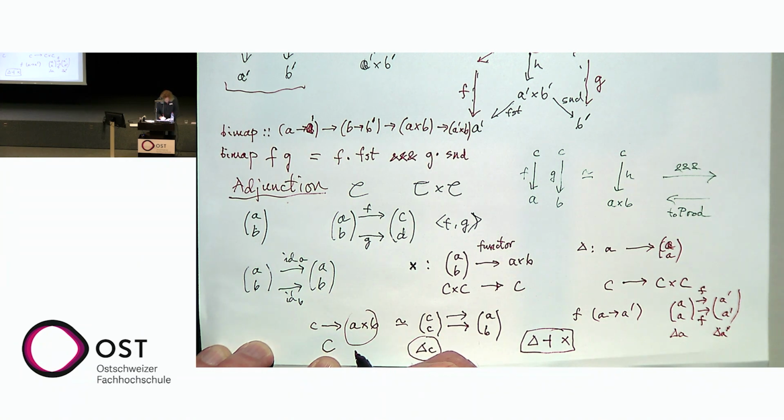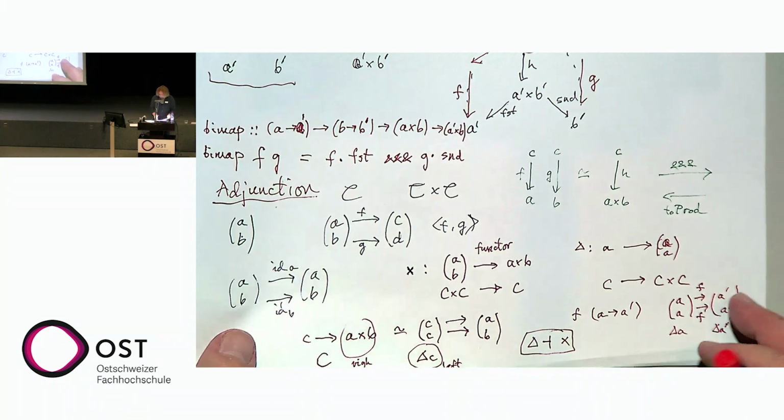So this will be on the right, and this will be on the left. Exactly, yeah. So delta is left adjoint to cross, and cross is right adjoint to delta. Which intuitively makes sense because we're talking about left hand and right hand of a person.